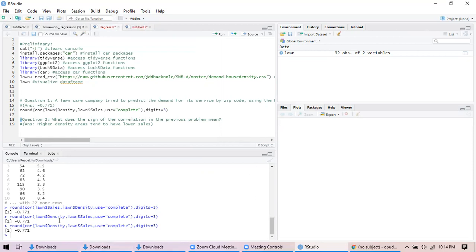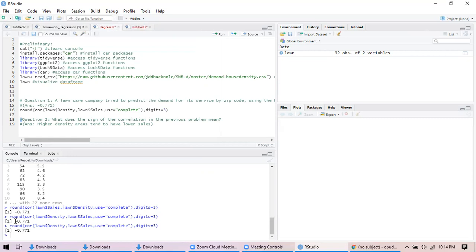I think it's from -1 to 1, something like that. If it's negative, that means density and sales are inversely proportional, right? So if sales goes up, density goes down, or if density goes down, sales goes up.